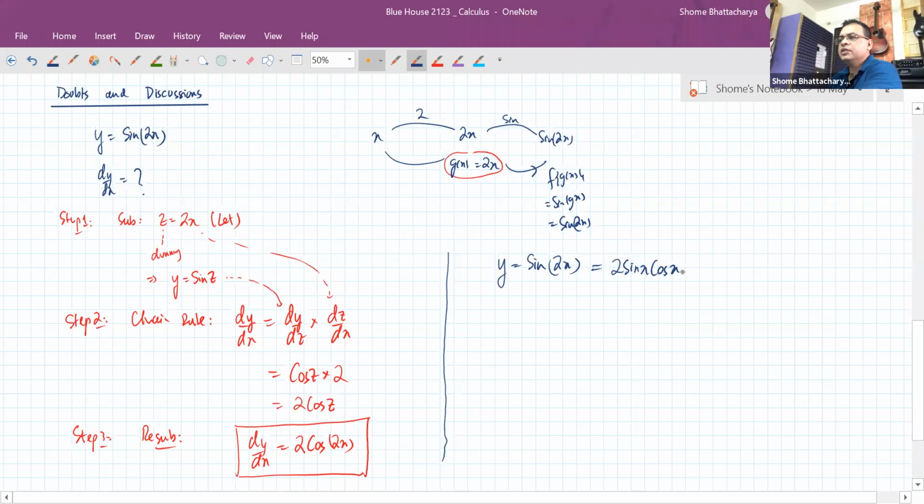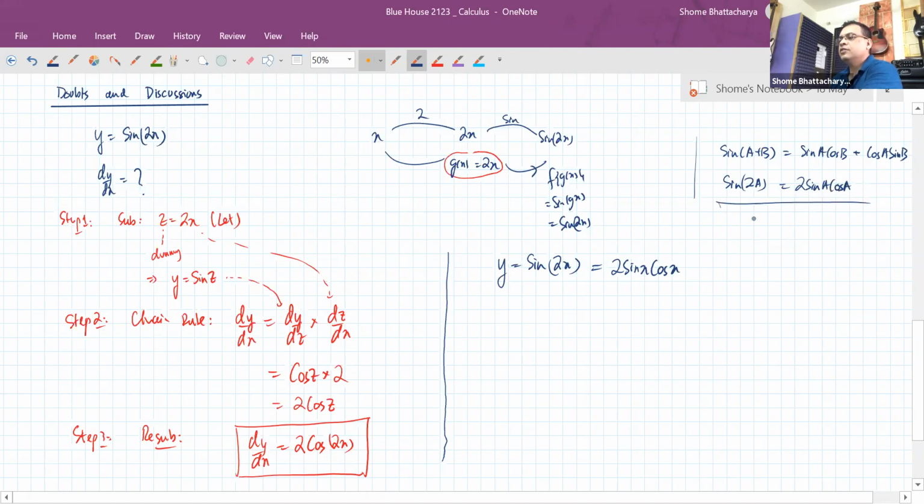So now what principle can we apply here? We can apply the product rule also. 2 is a constant, so it doesn't matter. It's a product of two functions, so we can use that also. This formula actually comes from the more basic formula of sine(a plus b), as you know, sine a cos b plus cos a sine b. Therefore, sine of 2a just becomes 2 times sine a cos a.